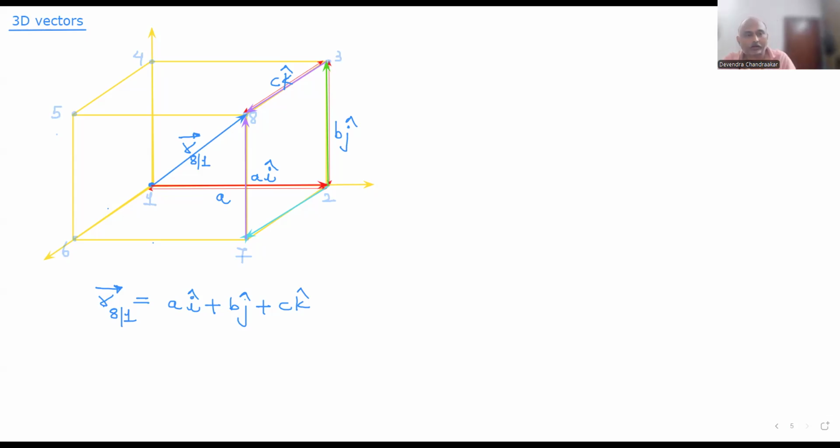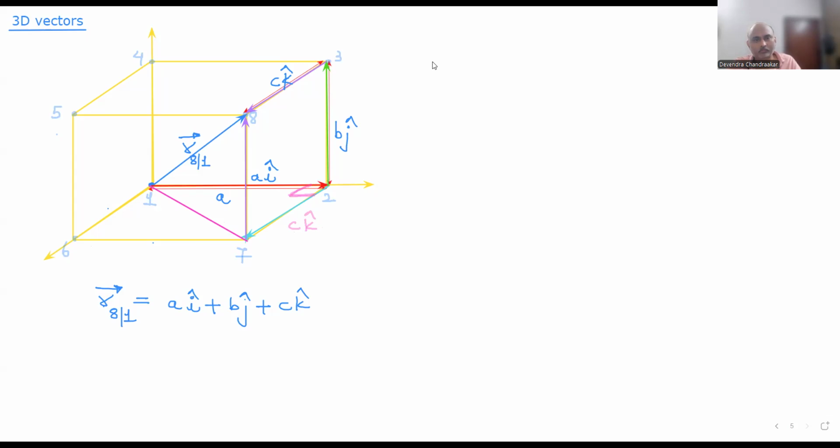So I hope all of you have noted it. So let's see the magnitude of it, right? So just see this line, 1 to 7. Can I say that lines 1, 2 and 2, 7 are perpendicular to each other? Yes or no? This is C k cap. A i cap and C k cap are perpendicular to each other. Please say yes or no. Yes.